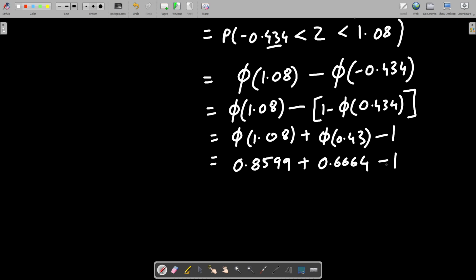Minus 1. Do this addition. This is going to be actually 0.01.